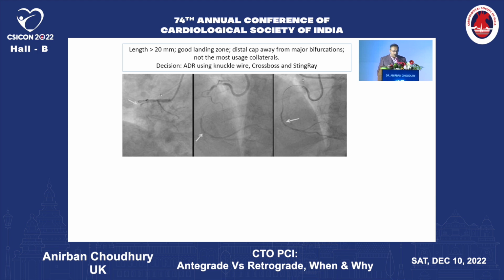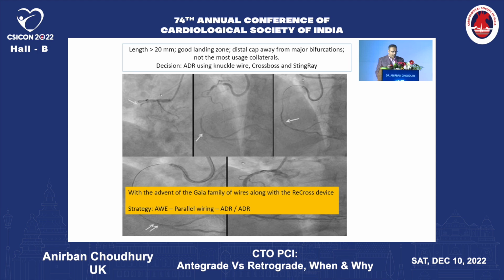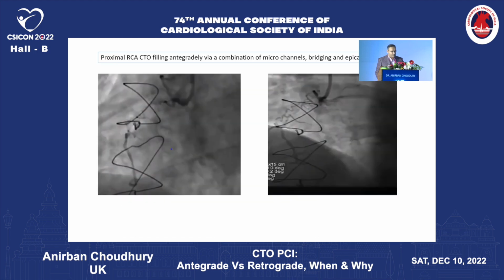This is not the most difficult CTO, but here we used a short knuckle, then a Crossboss, then went forward and punctured using the Stingray and the Stingray wire. If I'm redoing a similar anatomy now, I will very likely use antegrade wire escalation or a parallel wire. I don't think I'll need a Stingray for something relatively simple like this one.